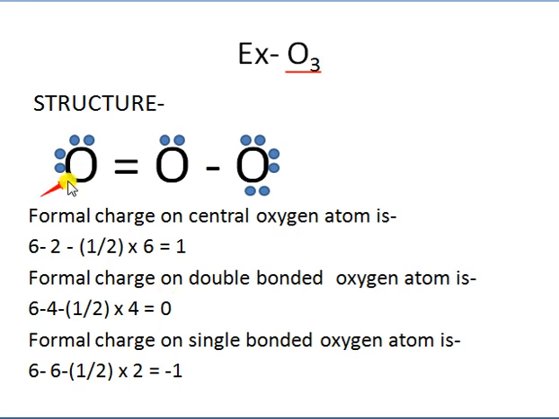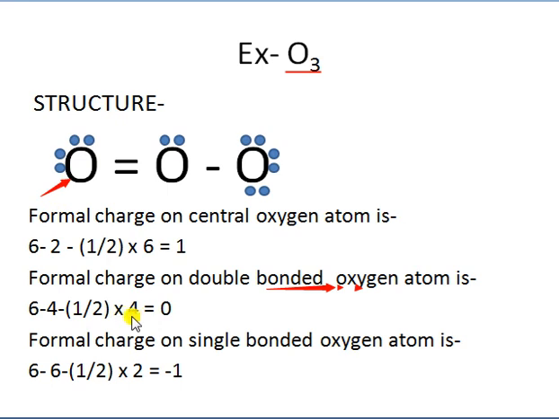Now for this one, the formal charge on the double bonded oxygen atom. For this one, the total number of valence electrons is 6, as you know, oxygen has 6 valence electrons. Minus 4, because it contains 2 lone pairs of electrons that are non-bonded. So that's why here I am writing 4.